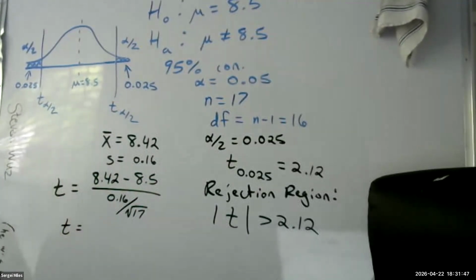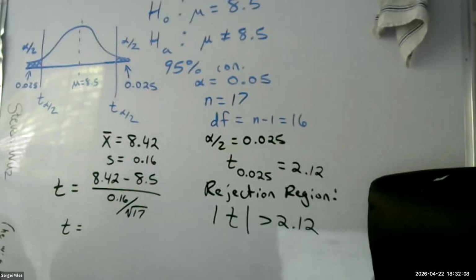Put all of this into a calculator. And we get for this exercise 8.42 minus 8.5 divided by 0.16 divided by the square root of 17.